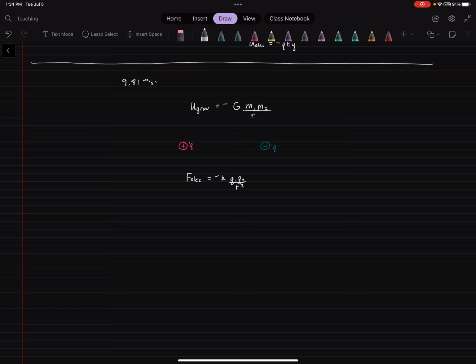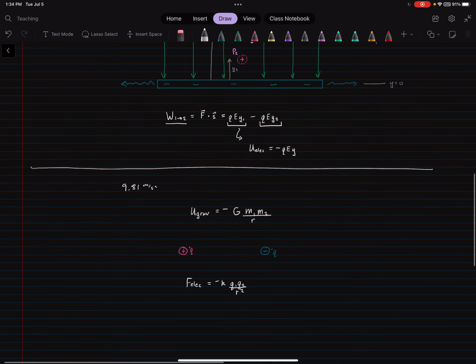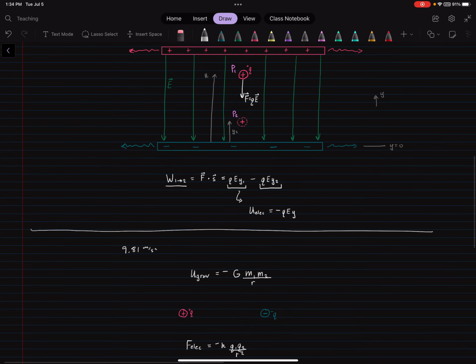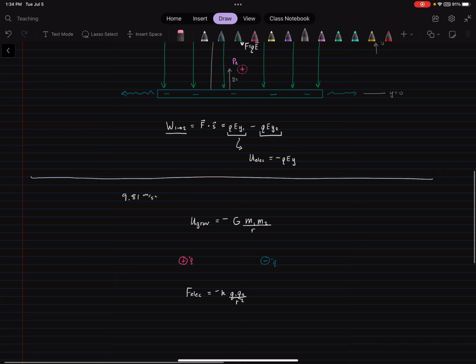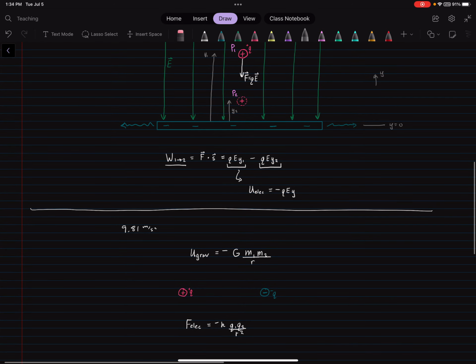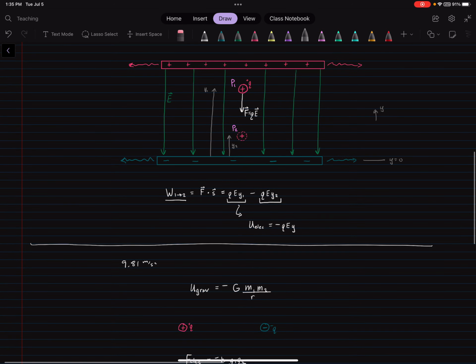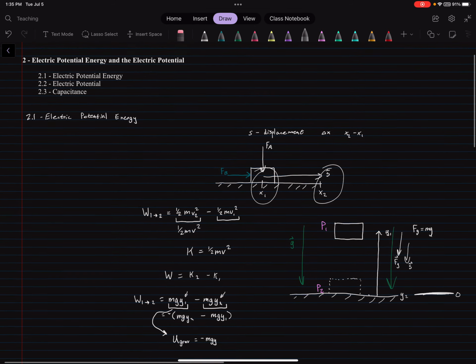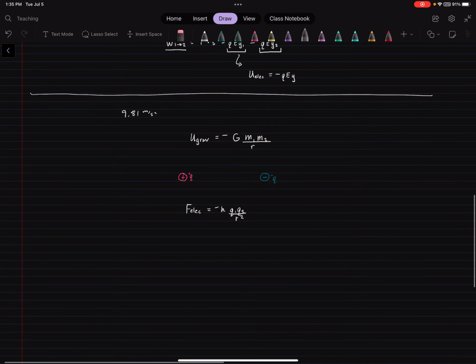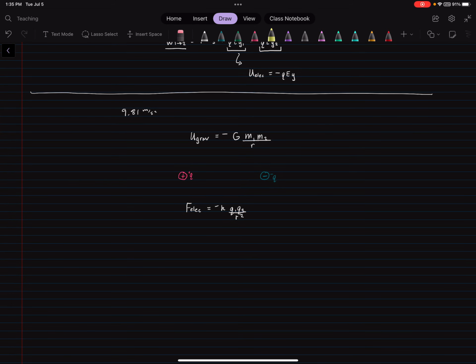So we know that as these two things are attracted to each other, let me see if I can be consistent with my colors. I don't really have a strictly displacement color. I don't know what color I use for displacement. White. All right, well, we'll make it yellow then. As these things move towards each other, you can talk about the work that each does on the other.